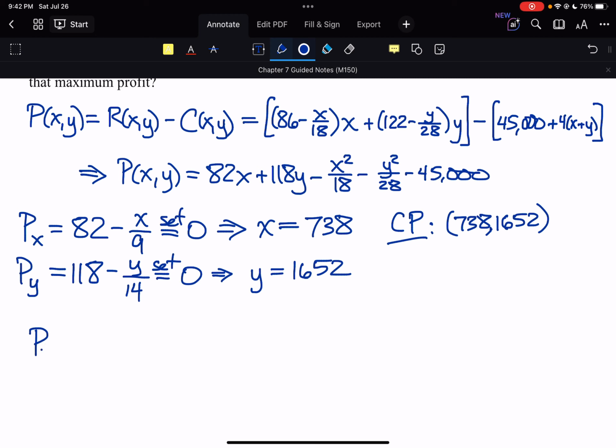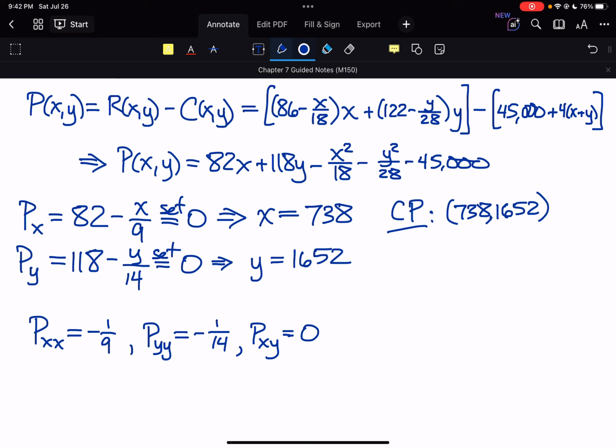Now we need our second partial derivatives. So Pxx is negative 1/9, Pyy is negative 1/14, and Pxy is 0. An interesting thing happens in this one.